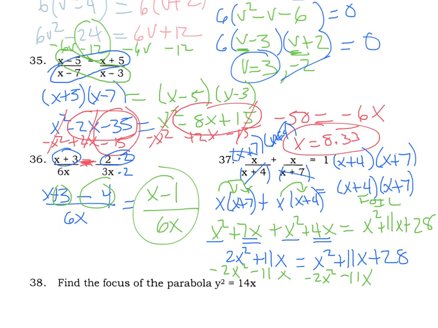Maybe I should have gotten everything over to the other side, but it'll still work. So once I do that, this will all be 0, and I'm going to have negative x squared, and the 11x's will cancel, and I'm going to have plus 28, like such.